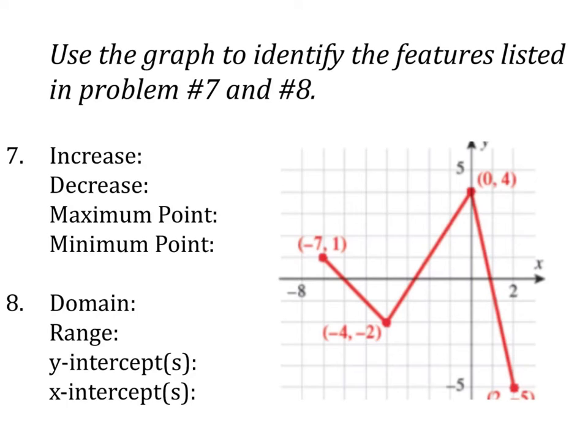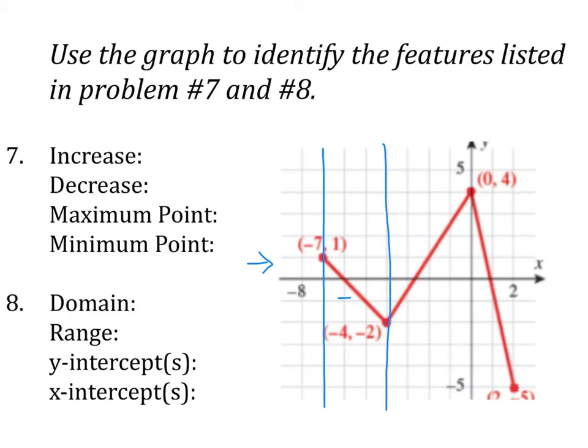So starting from the left and working your way across the graph, you can see the first point of this graph shows up there at -7 on the x-axis. And then you continue walking down. It's a downward decrease, basically. And you keep walking down until you get to -4.